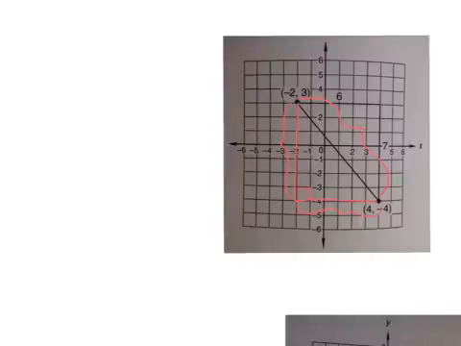Alright, so the length, my up and down, or my y length, is 1, 2, 3, 4, 5, 6, 7. And the length of my base here is 1, 2, 3, 4, 5, 6. So to find this length here, I just have to take a squared plus b squared equals c squared.